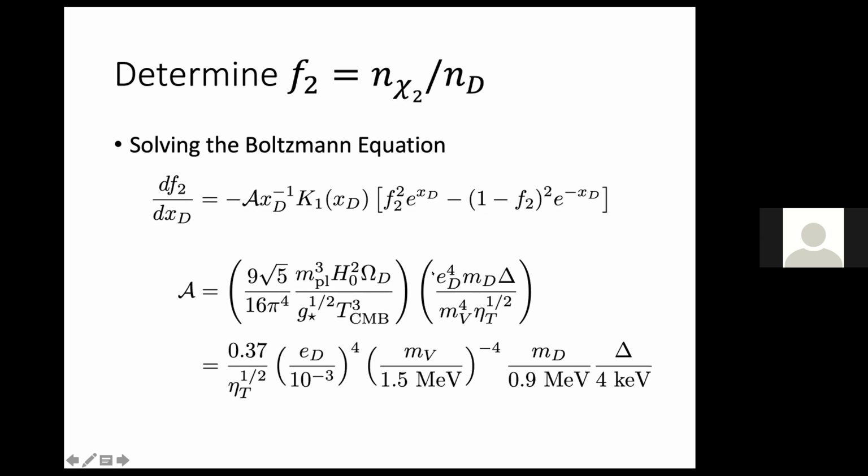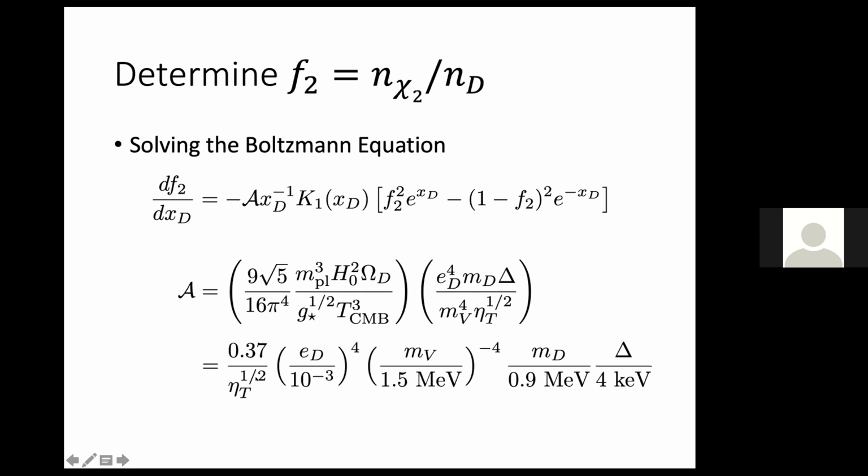You can see this is the interaction part, and this is the mass part, the phase space. Also, the phase space part is in this delta. Okay, so how large is it? So this A is about 0.37. So it can be order 1 if we choose these numbers, if we put in typical numbers.